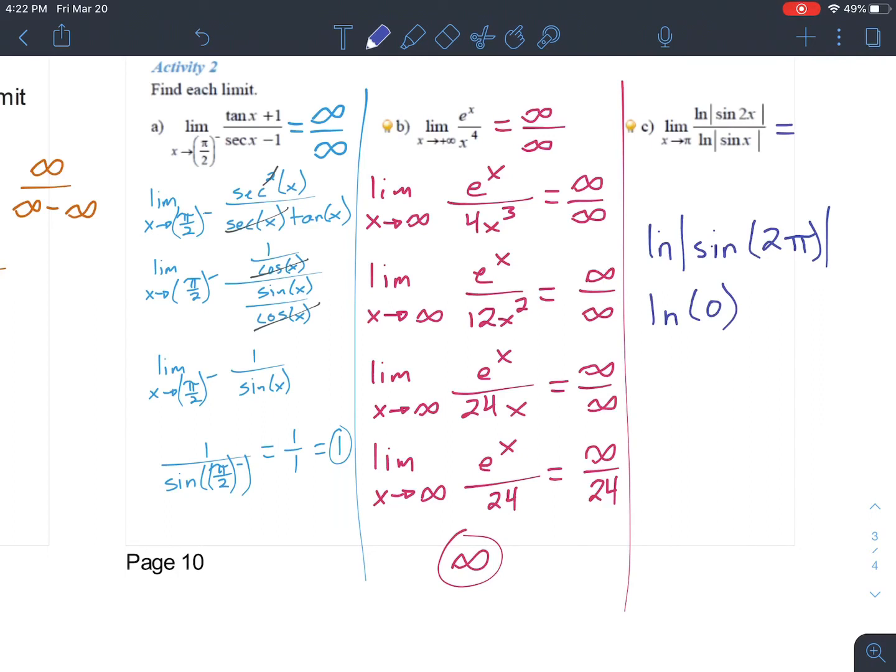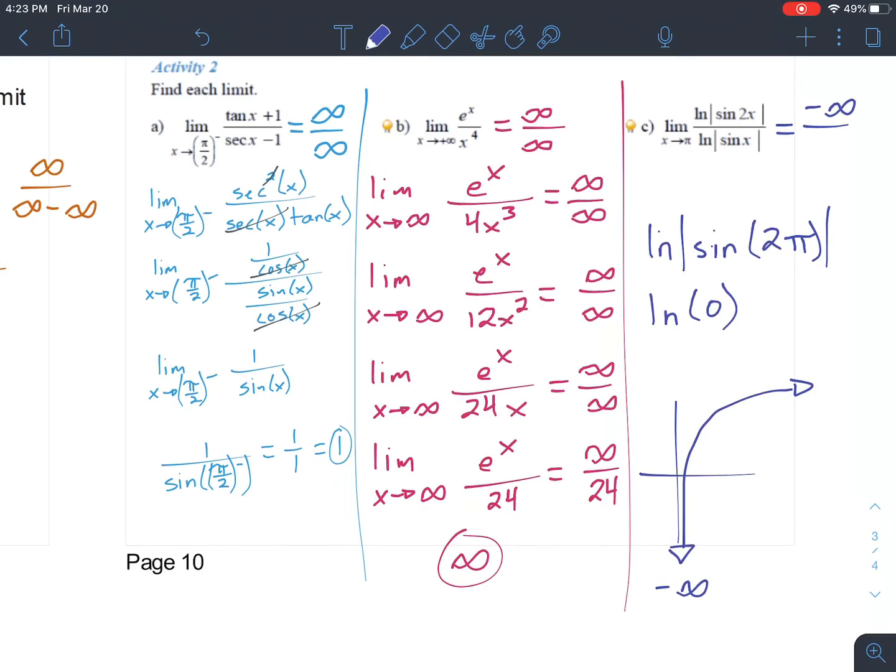And I don't know if you recall this, we do say that natural log of 0 is going to not exist, but, and I think we probably should have had a little bit more information in this, this is the graph of natural log down here. And at least from the right-hand side, we can see that it goes down to negative infinity. So we could say that then for the top.